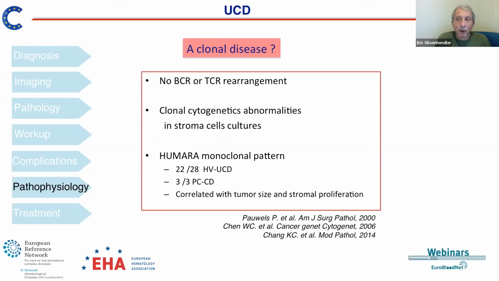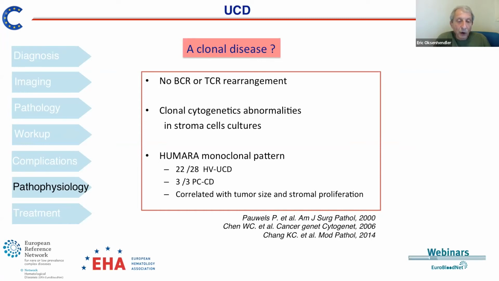Let's come now to pathophysiology. The first and probably the most important question is, are we facing a clonal disease? So we have a number of data to try to answer this question. The first one, we have no B-cell receptor or T-cell receptor rearrangement disclosed in the UCD lesions. And this has been done in numerous series. There is no evidence for clonal lymphoid B or T-cell proliferation.